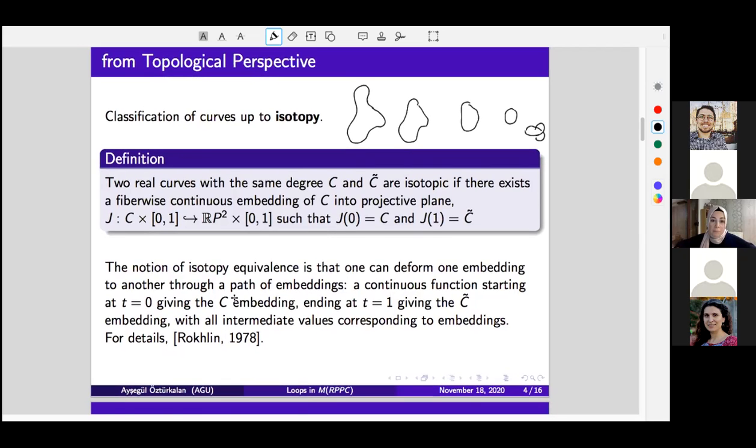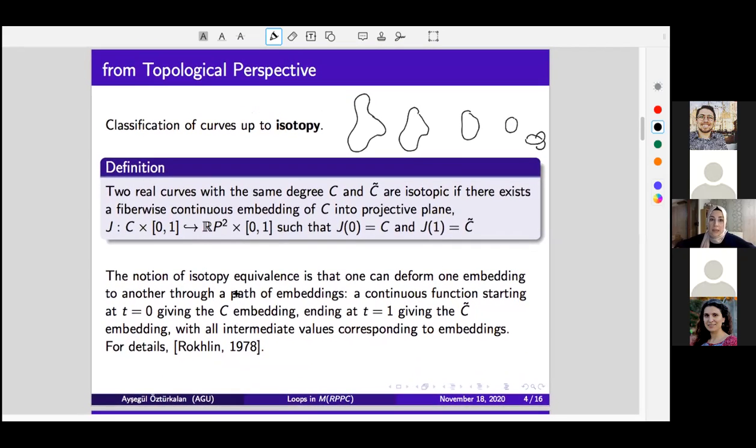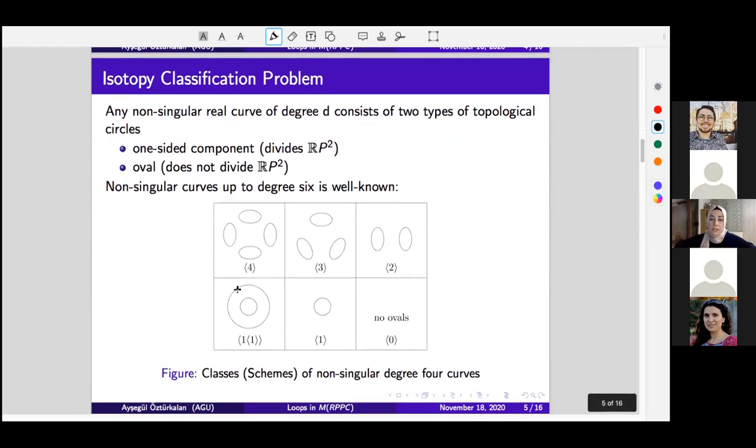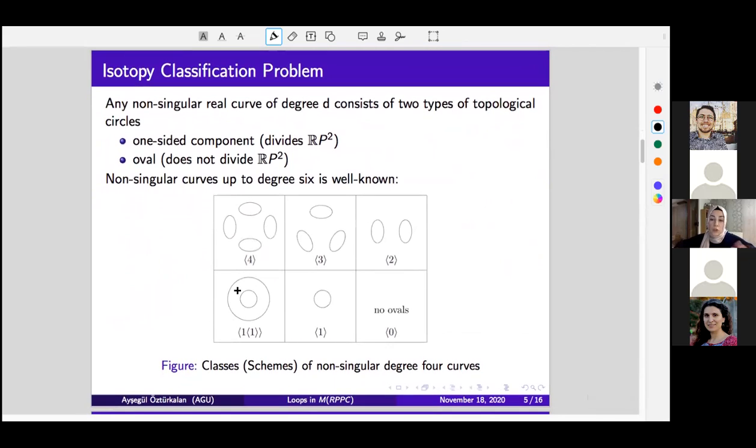With this notion of isotopy, some classifications are done for curves up to degree 6. But at first let us try to understand what a non-singular curve is. Whenever you imagine a non-singular real curve, this is important, it consists of two types of elements. It is a combination of one-sided components and ovals.